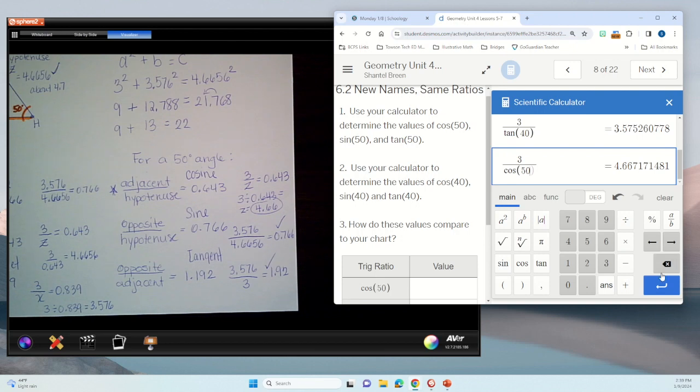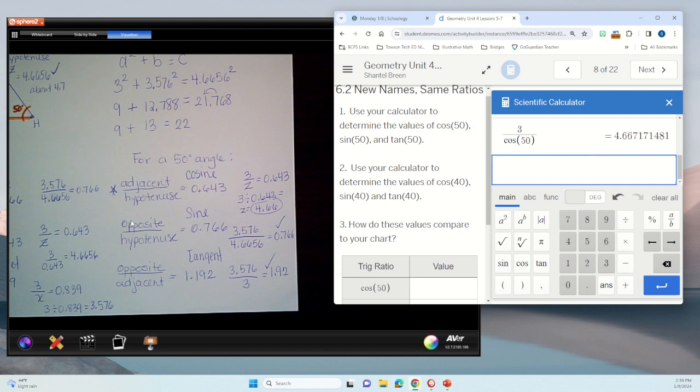All right, let's try the next one. Let's try opposite divided by the hypotenuse, okay? Let's see. We know both of those, so we might not even use that one. Let's try the third one. Opposite divided by adjacent. Okay, so we don't know the opposite, but we do know the adjacent.